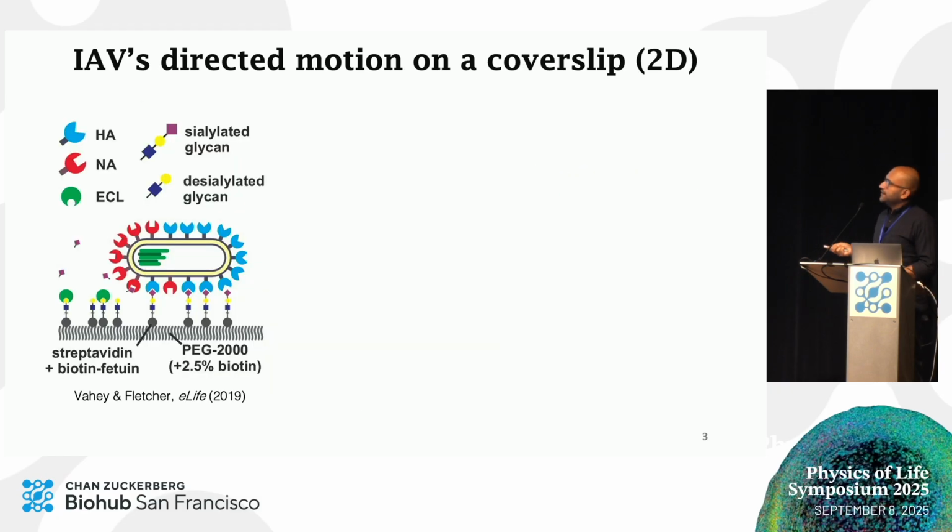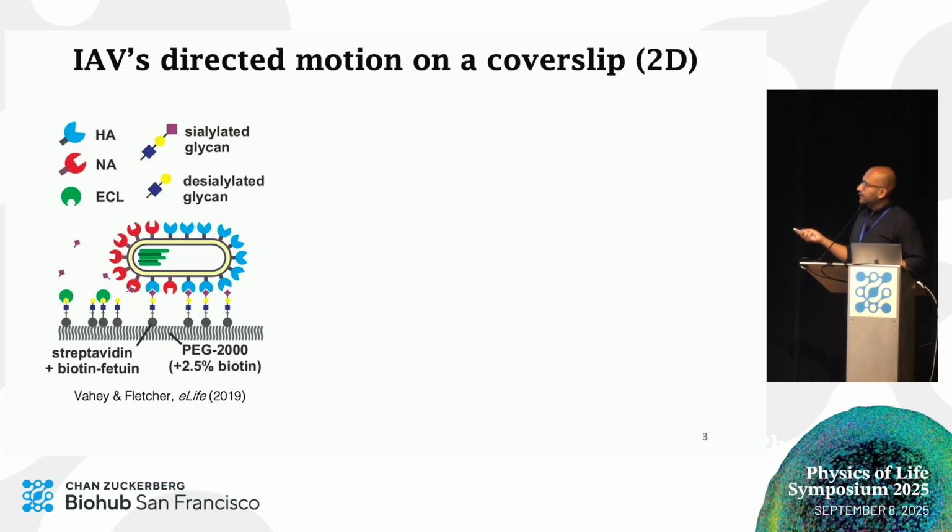One strategy was maybe discovered in Dan Fletcher's lab a few years ago. Clinical IAV isolates are filamentous, and what they found is that there's this spatial segregation of proteins on their surface. Shown here in blue is hemagglutinin, HA, that binds to sialic acid receptors abundant in mucus.